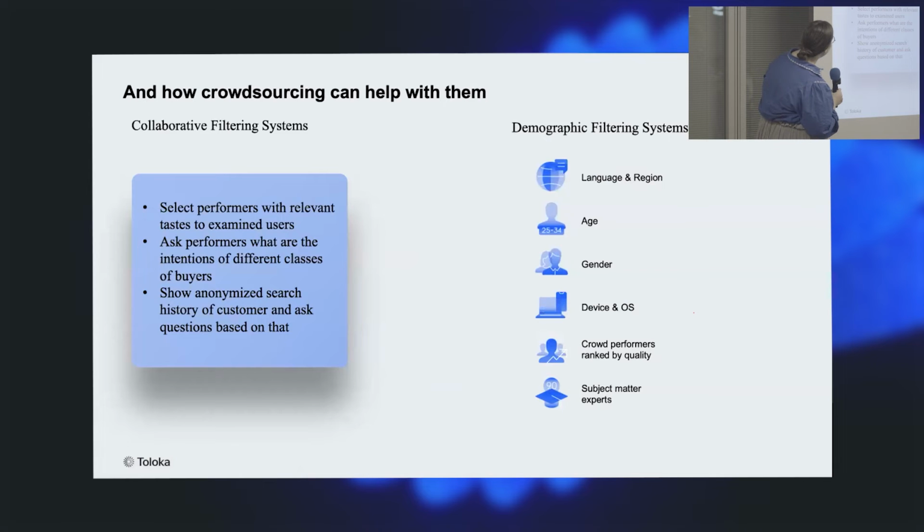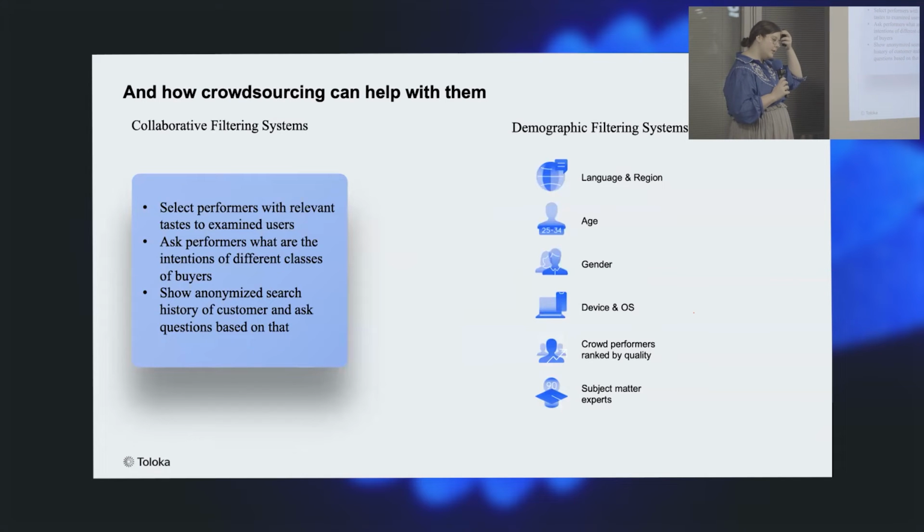And for collaborative filtering systems, crowdsourcing is not yet well developed, but I see that there is some room for improvement, because you actually can show labelers some search queries of different users and ask whether these users belong to some cluster or not, or what the users that were searching this thing are like.